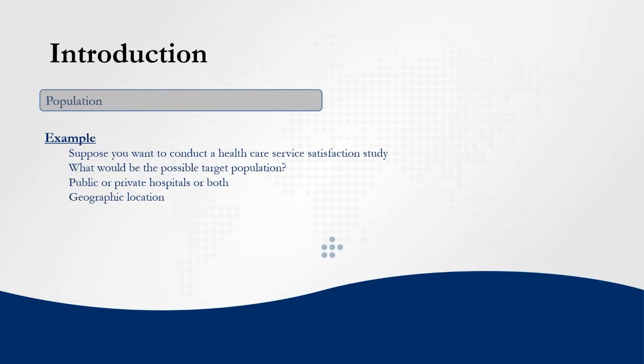And if it's public, is it restricted maybe to a district where I look at the hospitals within a particular district? And then you have to think, okay, I'm looking at patient satisfaction. Am I looking at inpatients or outpatients or both?